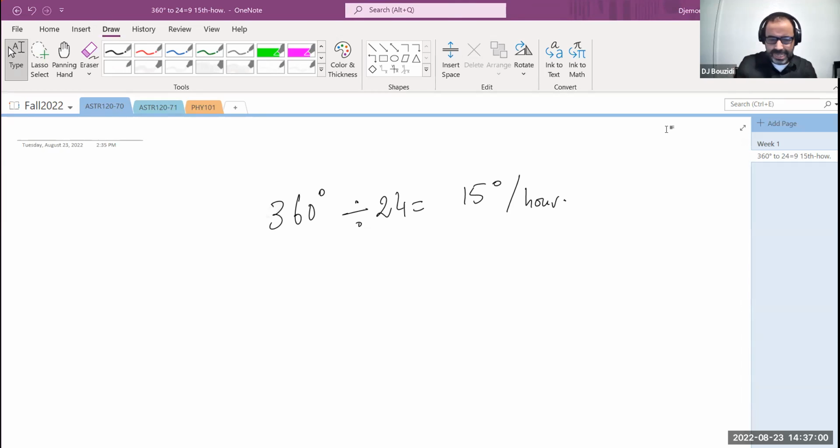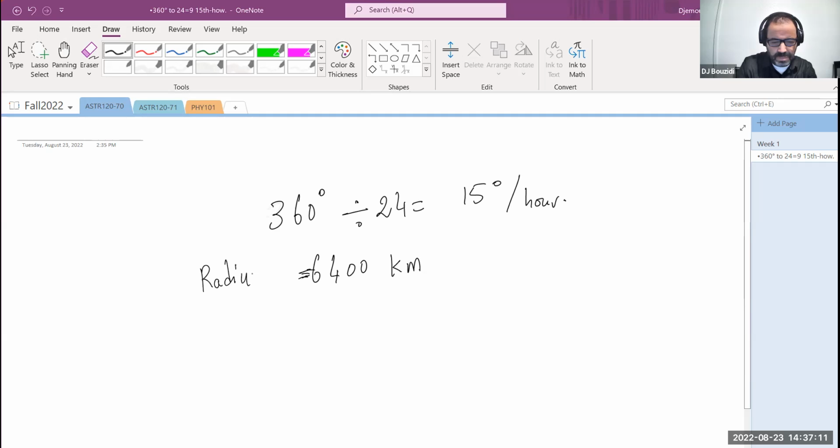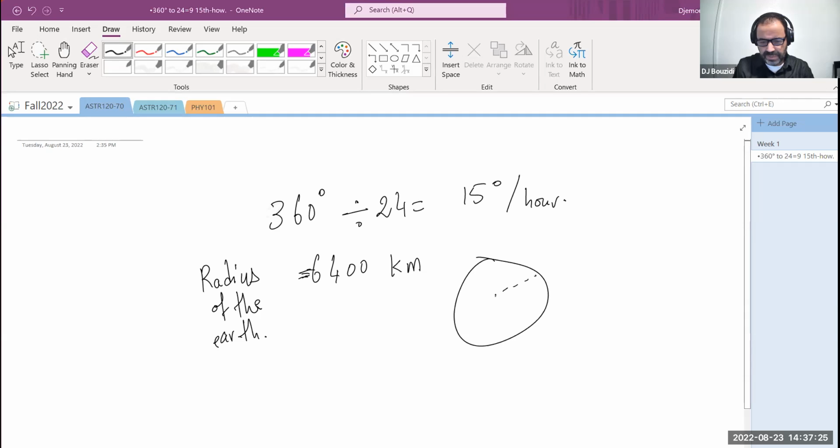What I want to do next is, we know the Earth's radius is about 6,500 kilometers. This is the radius of the Earth. In other words, the Earth is a sphere, and this is what I mean by the radius. If this is the center of the Earth, this is how far it is.